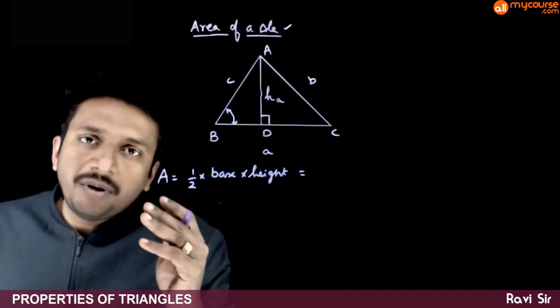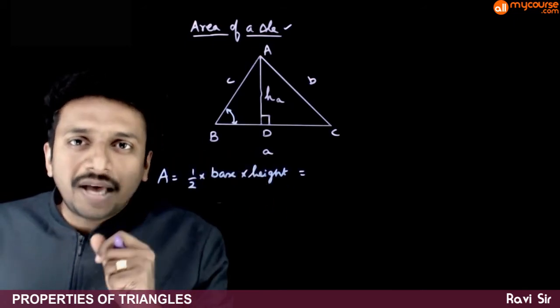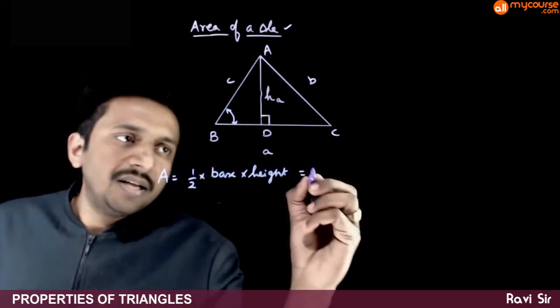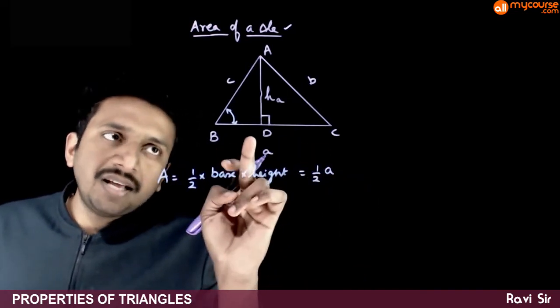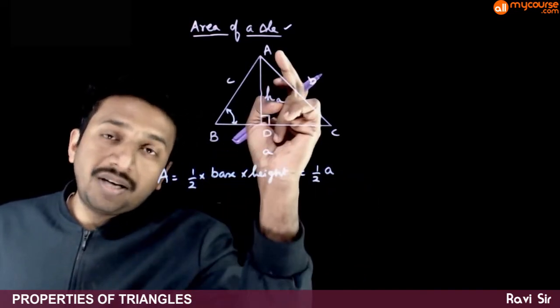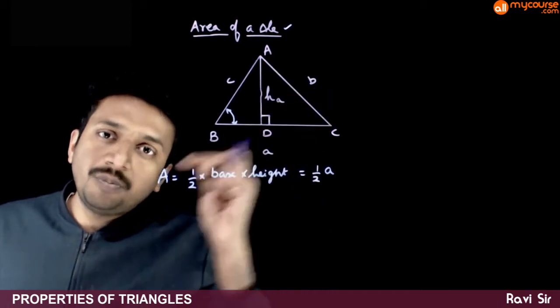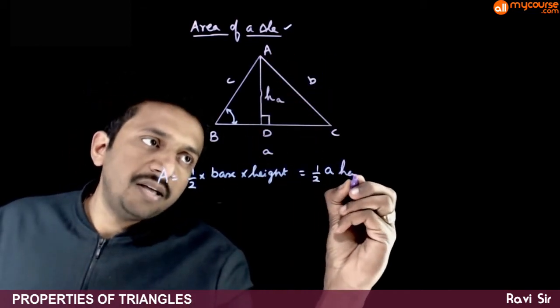From this formula, we have three formulas to calculate area of a triangle. If you take a as the base, you need to take the height corresponding to vertex A, that is the altitude from A onto BC, that is HA.